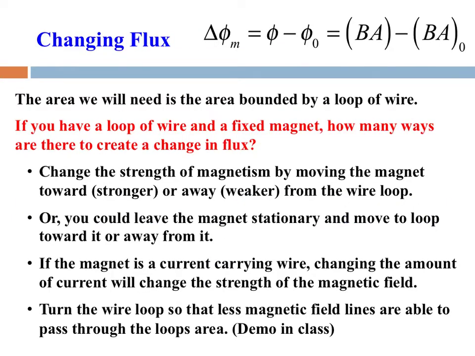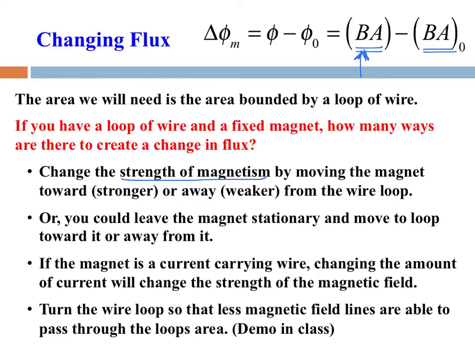Now, let's look at changing flux. Again, flux has to do with the magnetic field and the area. So there's different ways to change the flux. One way would be to change the strength of the magnetism by moving the magnet toward or away from the wire. Again, that changes B. Or you can leave the magnet stationary and move the loop away from it, again, still changing the strength of the magnetic field at a certain point.